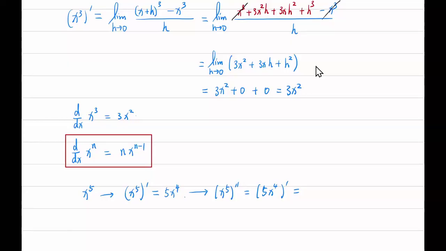Here it's a multiplicative constant. Okay, so it's okay, because the derivative is a linear function. What does this mean? It means if we have 3f(x), if we take a derivative of this, it's 3 times the f derivative. So because of this, we get a 5x to the fourth derivative. Okay, let's continue from here. What's the derivative of this?